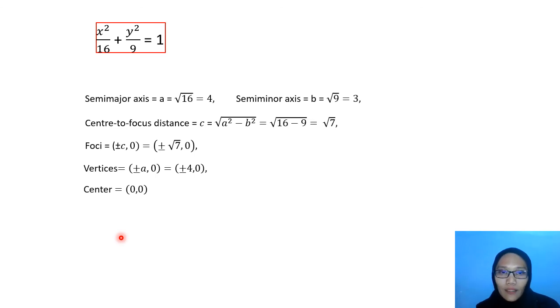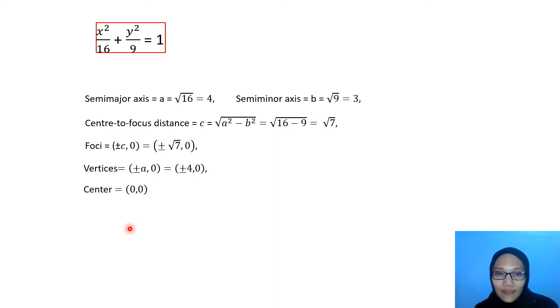For the center-to-focus distance c, we have the formula. When we calculate the c value, we get the square root of 7. For the foci, the coordinates are plus or minus c, 0. With c equal to the square root of 7, the coordinates of the foci are plus or minus square root of 7, 0.